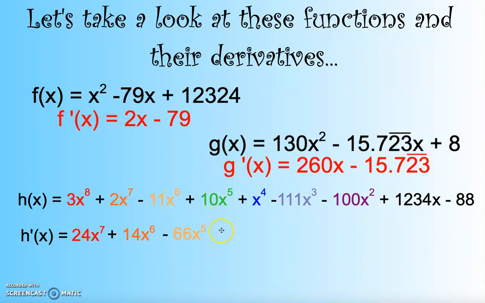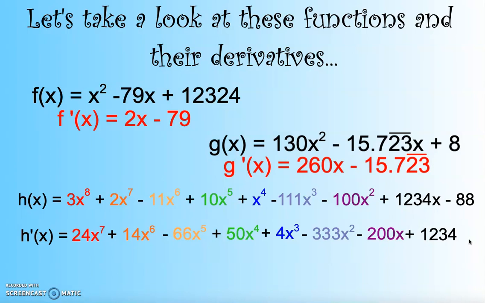This green one, 50x to the 4th. This blue one, 4x cubed. This indigo, negative 333x squared. This purple, negative 200x. This black one, 1, 2, 3, 4. And this negative 88 does not exist.